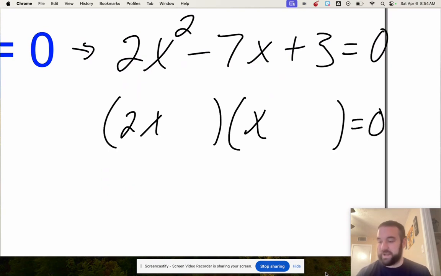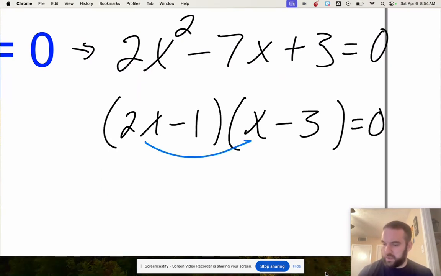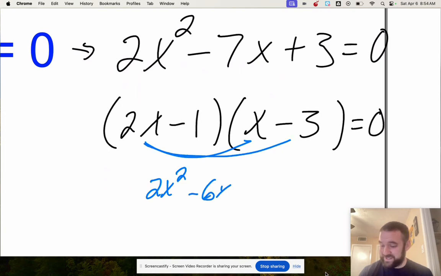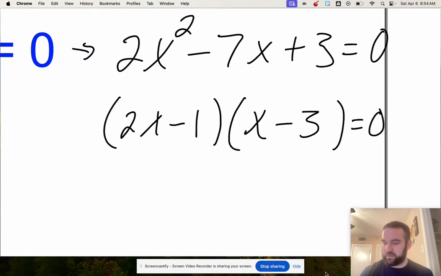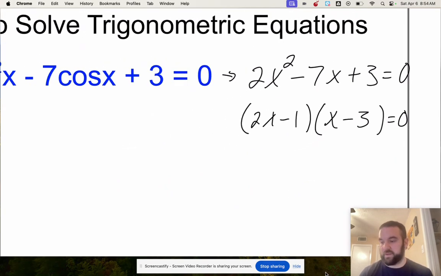So because I want negative 7x, I'm going to put a minus 3 here and a minus 1 there. Just a quick check: I got 2x squared minus 6x minus 1x plus 3. Those combine to be negative 7x, so we're good. So this is the correct factored form of 2x squared minus 7x plus 3.